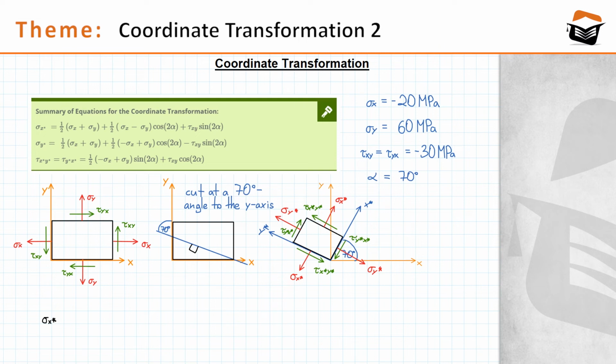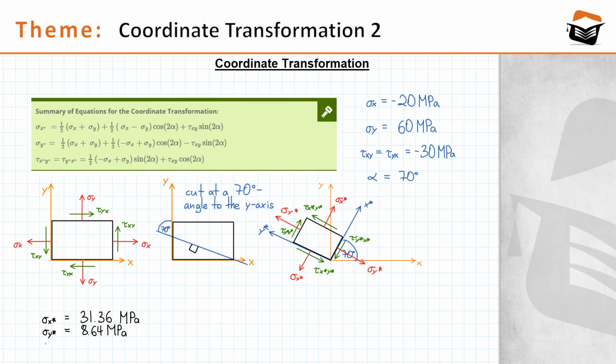If you plug in all given values into this equation, you will get sigma x star is equal to 31.36 megapascal. Sigma y star is equal to 8.64 megapascal.